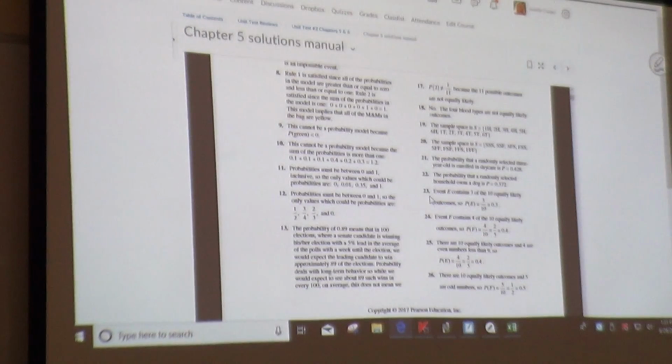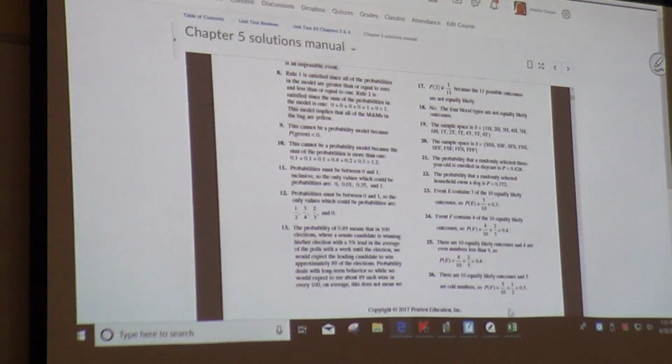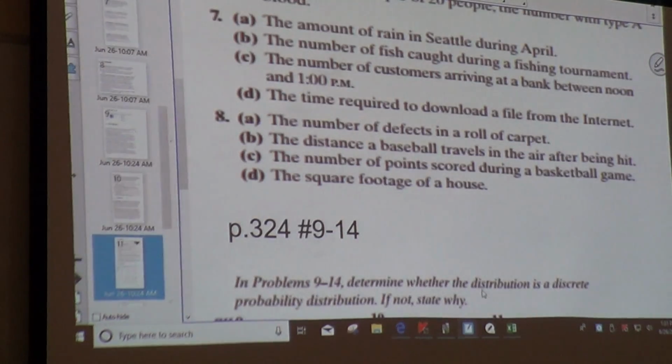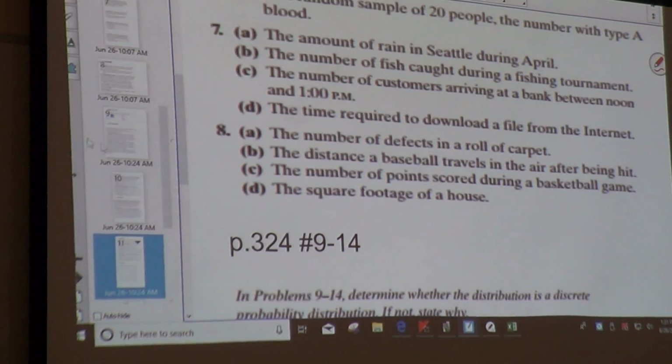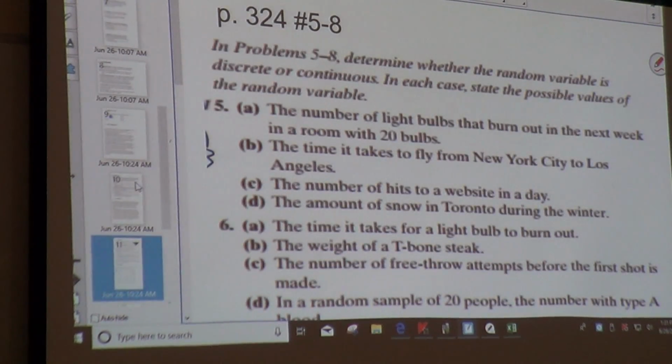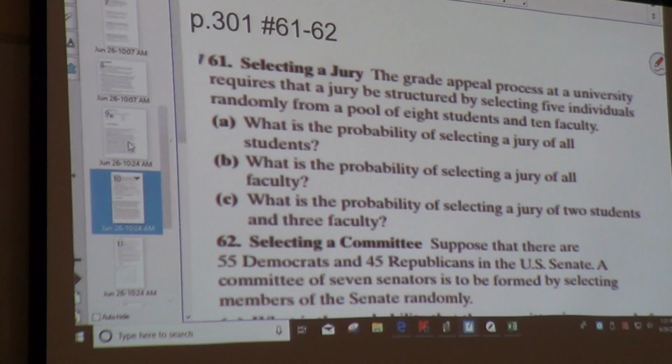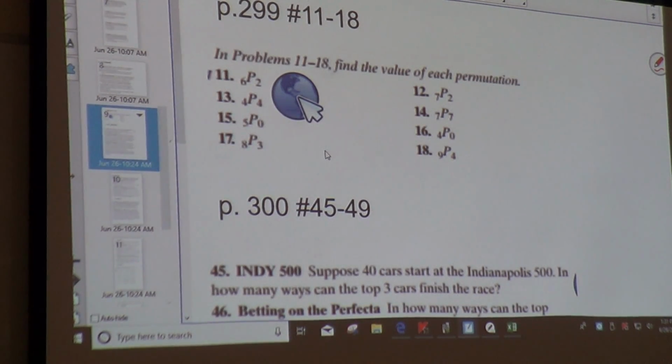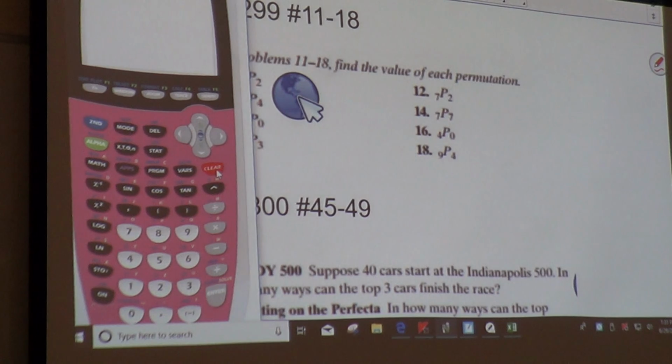I have a question about something I saw that I wanted to ask. It was the permutations, that stuff. These permutation problems on 1 through 18, you just put them in the calculator.